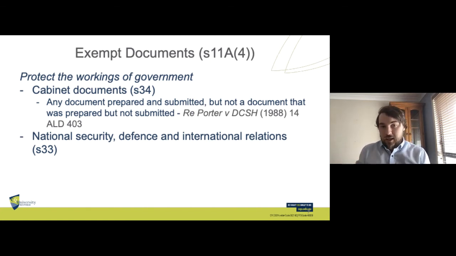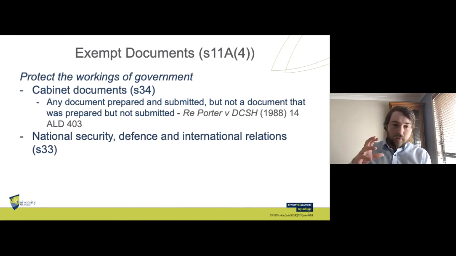The tricky thing is that we have, as a loophole's not the right word, but as a way of protecting documents that the government doesn't want released, the classic image or the stereotype is wagons of documents being wheeled up into the cabinet room and just being stamped cabinet all over them so that they can't be released, even if cabinet doesn't really end up considering those documents.